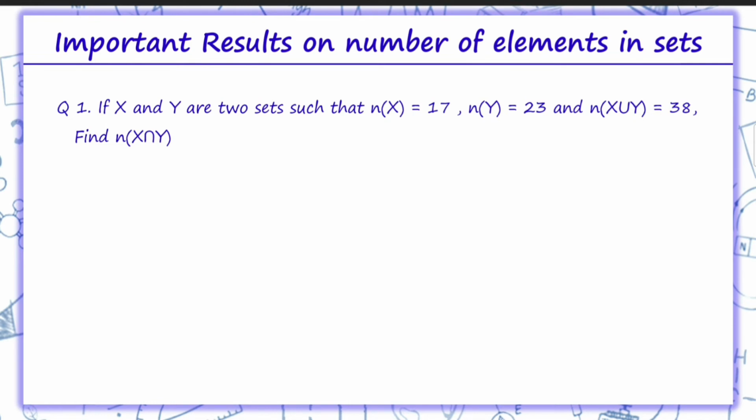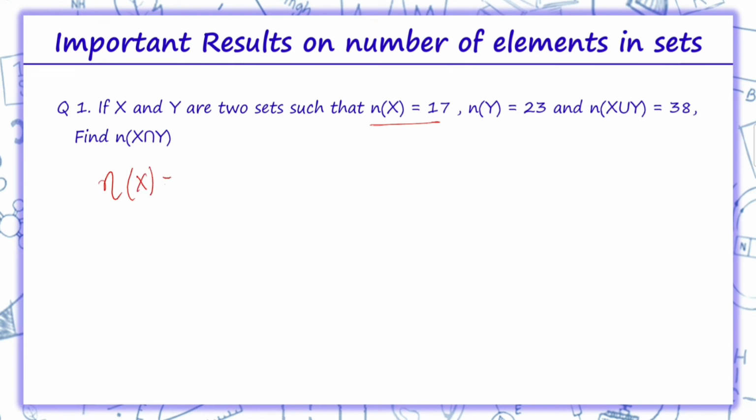Now coming to the question part, using the important results we got. The first question: if X and Y are two sets such that n(X) is 17, n(Y) is 23, and n(X union Y) is 38, we have to calculate n(X intersection Y).